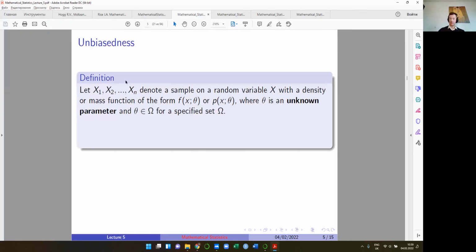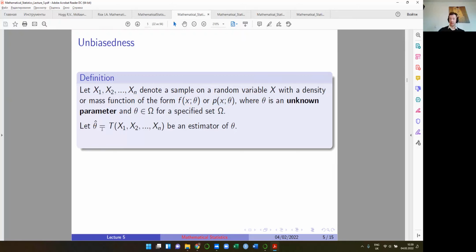Every variable in the sample has the same density or mass function, depending on the nature: a continuous variable has a density function, a discrete variable has a mass function. We have an unknown parameter theta, and theta belongs to some set omega.